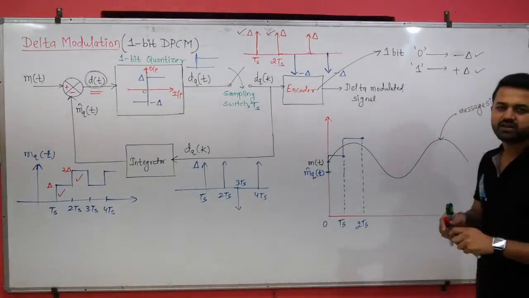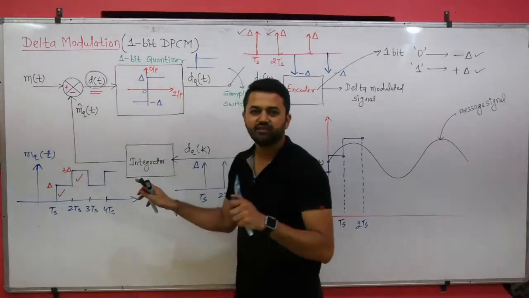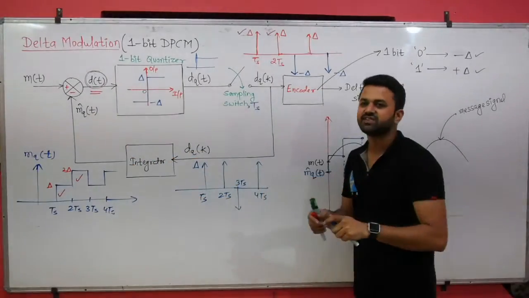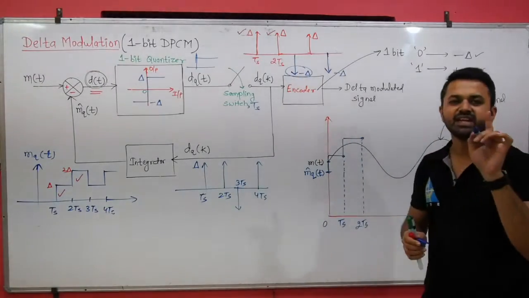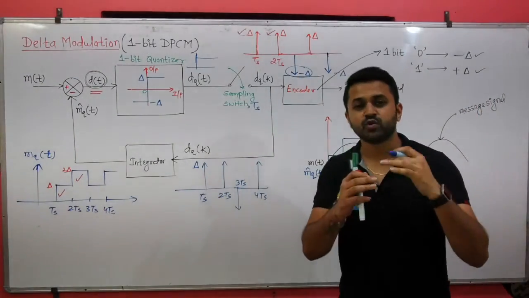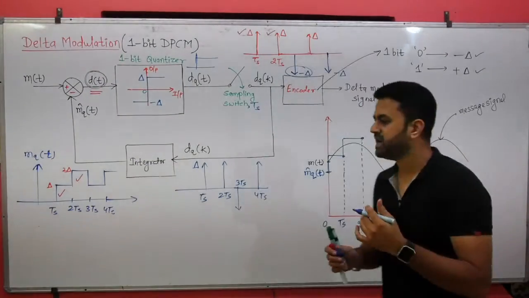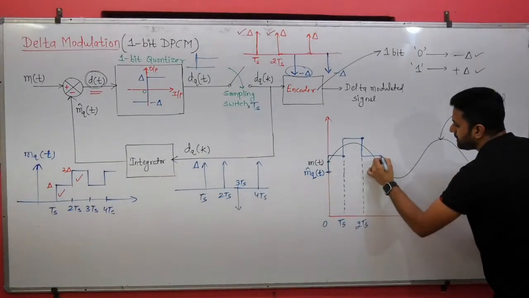Whenever the MQT is greater than MT, the difference will be negative, and when the difference is negative, you will get negative impulse, and when you integrate the negative impulse, you will get negative step. So that is why here we will get the negative step.